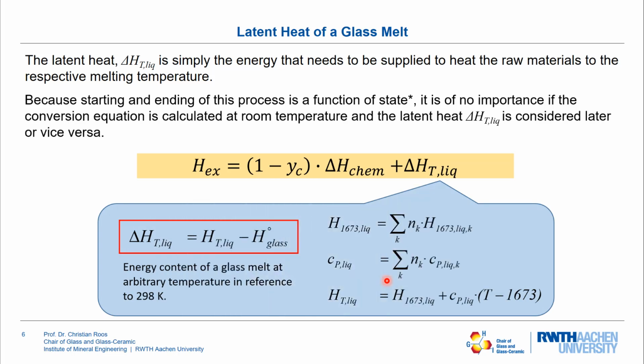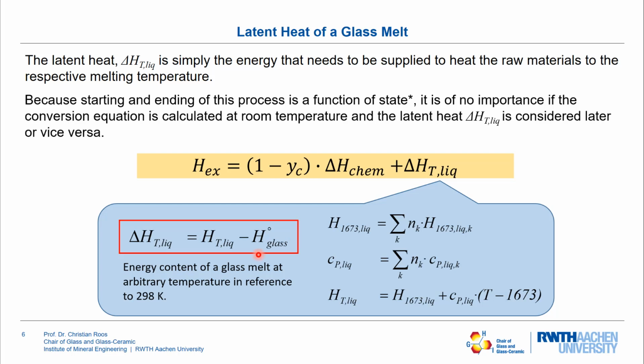Now, the sensible heat can be calculated by calculating the enthalpy content of the liquid phase, so of the melt, minus the formation enthalpy of the glass at the respective reference temperature, which usually is, in our case, room temperature, 25 degrees Celsius.